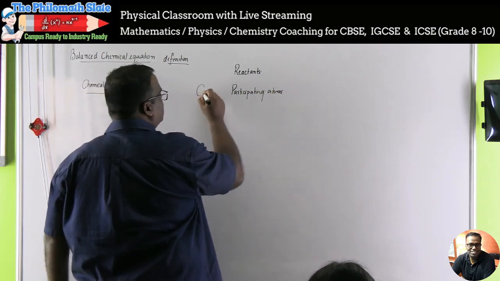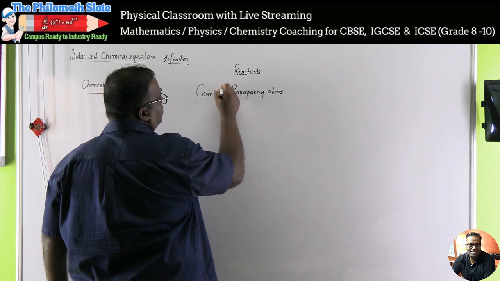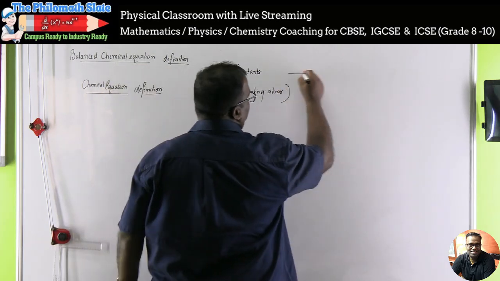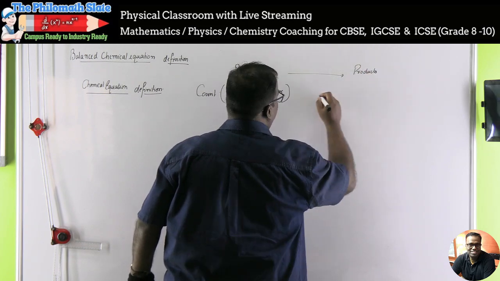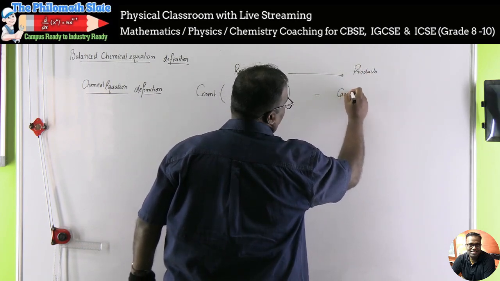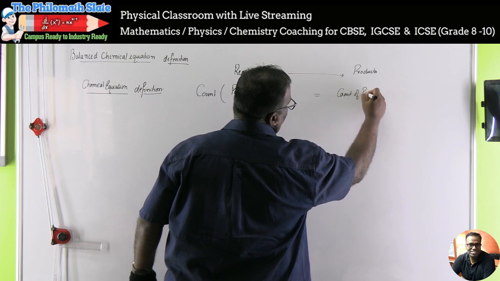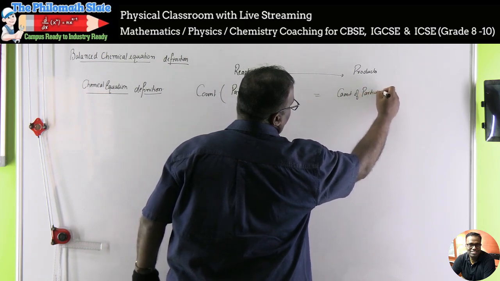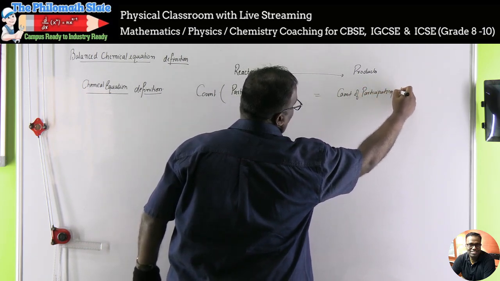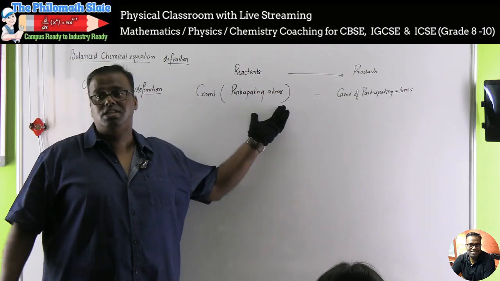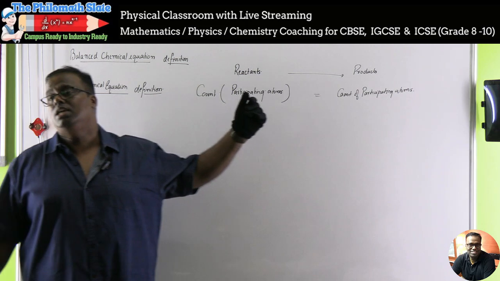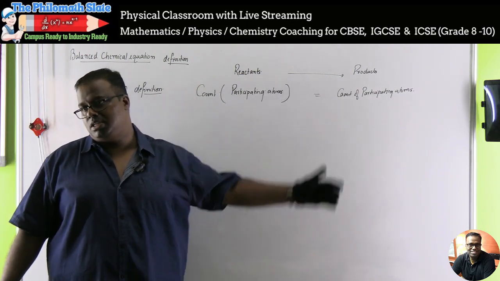The count of participating atoms on the reactant side should exactly match the count of participating atoms on the product side. Now when I say atoms here, you are taking out each atom from the compound or the element that is coming up here.